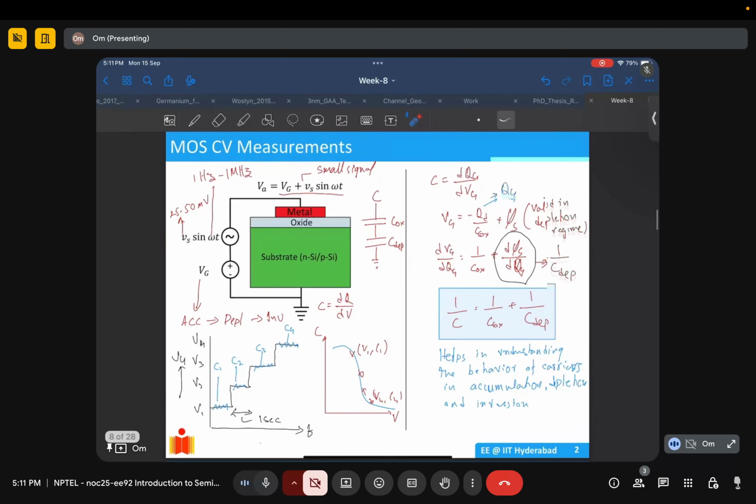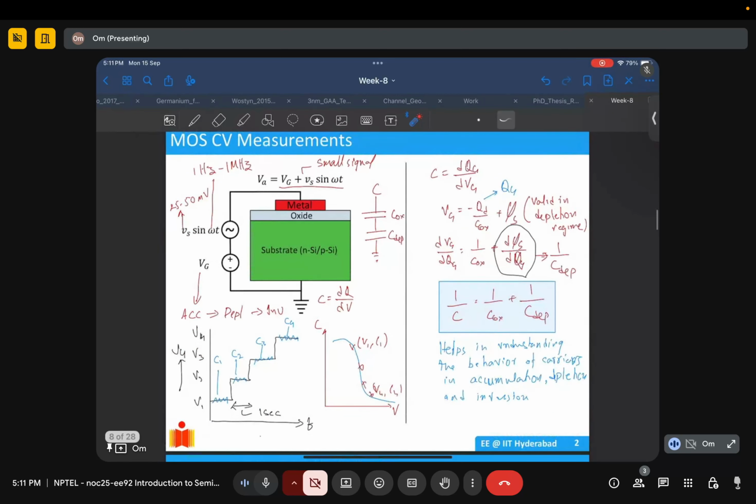Okay, now let's talk about the capacitance voltage curves. How it is measured is you bias it somewhere, let's say Vg, then you apply a small signal, then you see how the charge is changing here, right? C equals dQ by dV, and your C is Cox in series with C silicon.